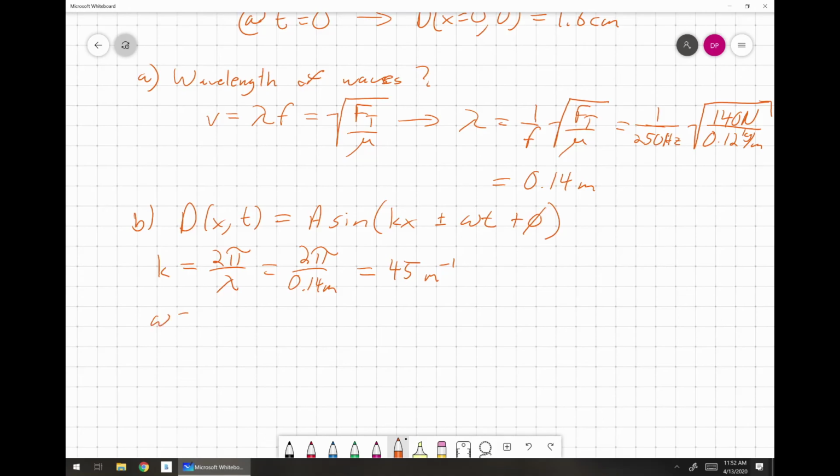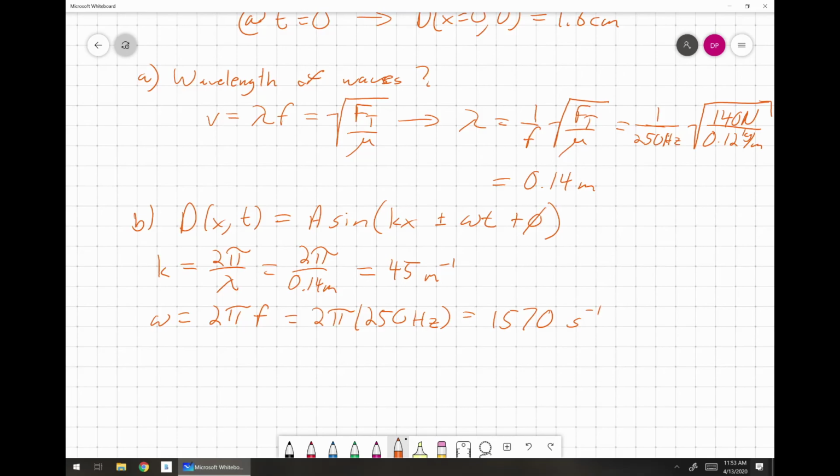We know that omega is 2 pi times our frequency, and so we have 2 pi times our 250 hertz. And so that comes out to 1,570 inverse seconds, or radians per second if you want, for the angular velocity there.